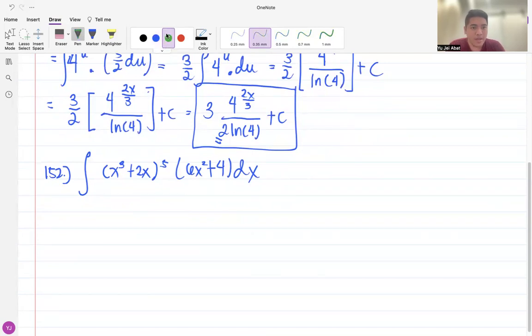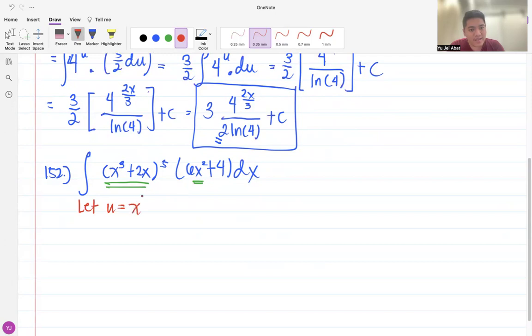Because upon looking at this one, the one who is raised to a higher exponent, we can let that be u, because if we let this be u, we have x cubed. If we get the derivative, that becomes x squared, and this x squared is present here. So why don't we try to let that be u?